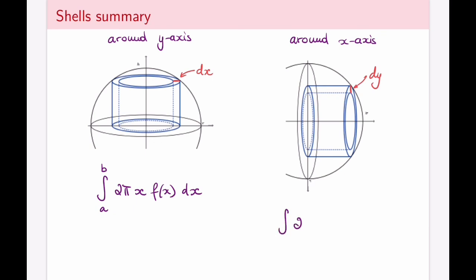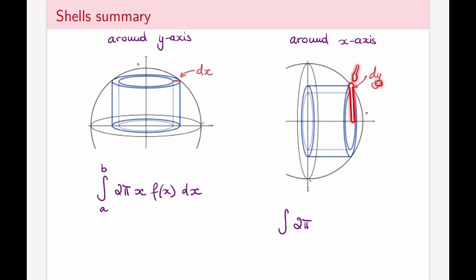So I'm going to have 2 pi times the radius of the cylinder times the height of the cylinder times the thickness. So let's see, if this is the point on my function, then the radius of my cylinder is this guy right here, which of course corresponds to the y-coordinate of this particular point.